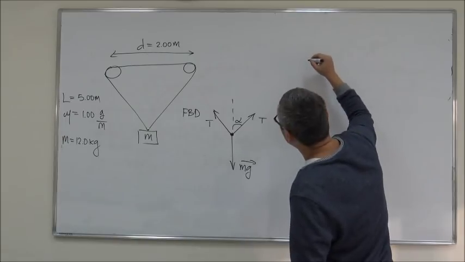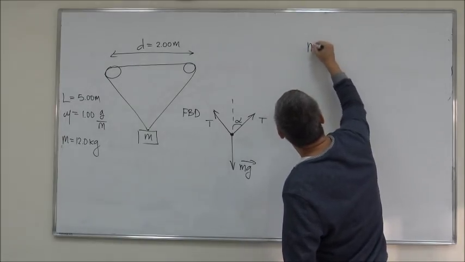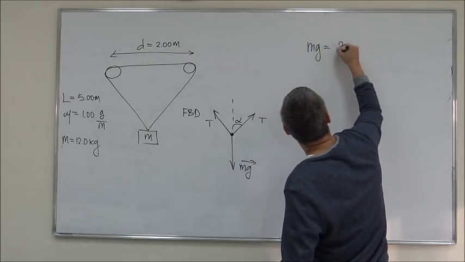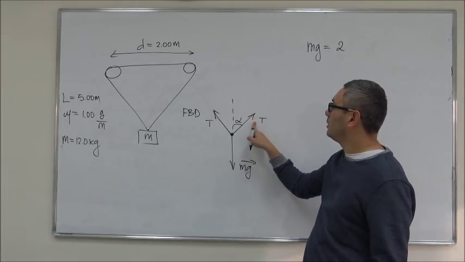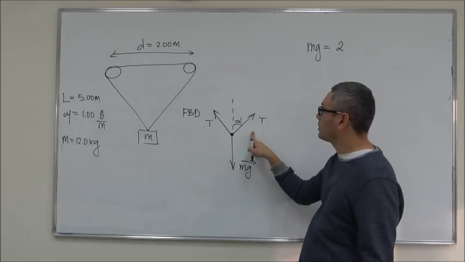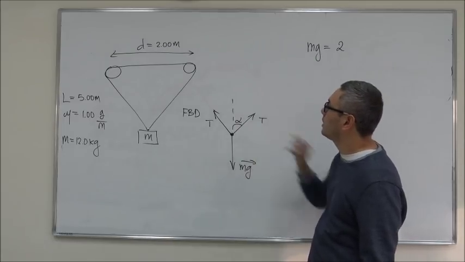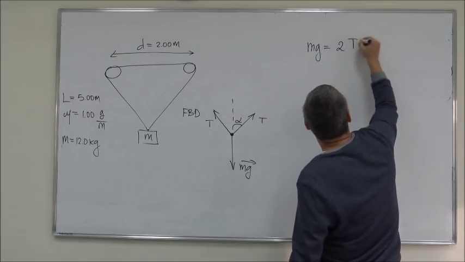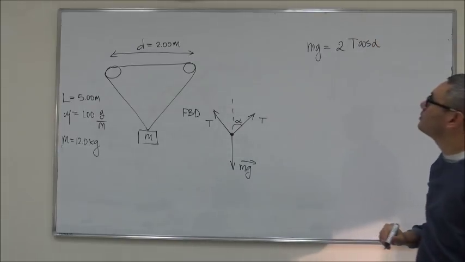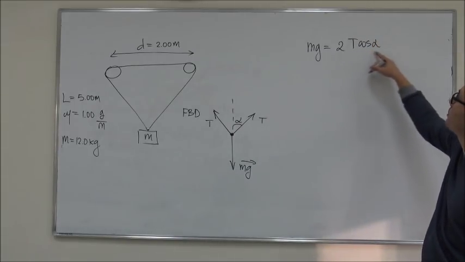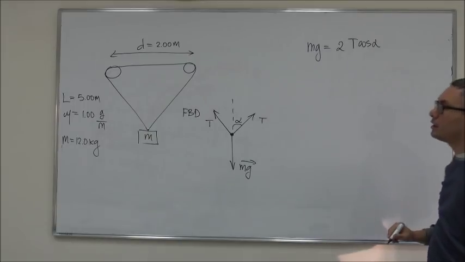So what you can say is that the mg is equal to 2 times the vertical component of T. Well, from here it follows that the vertical component of T is T cosine of alpha. So all we need to do to calculate for tension is first find this cosine alpha.